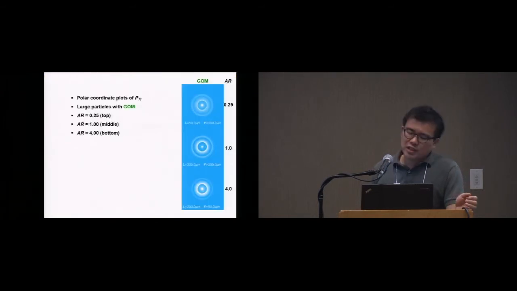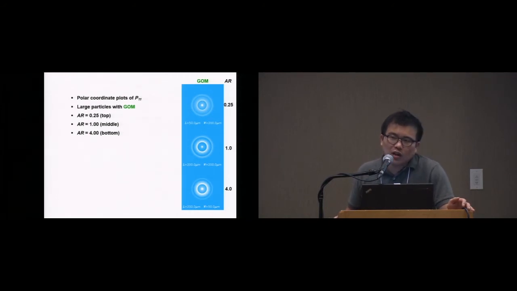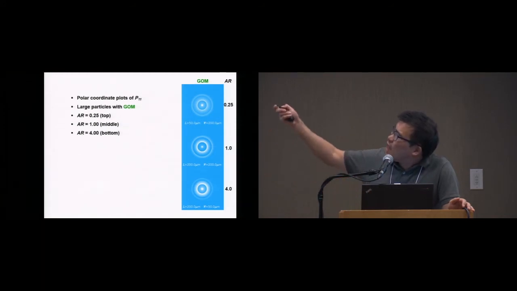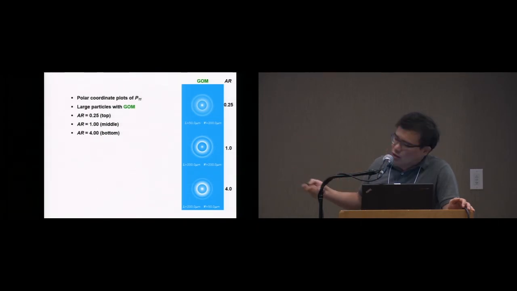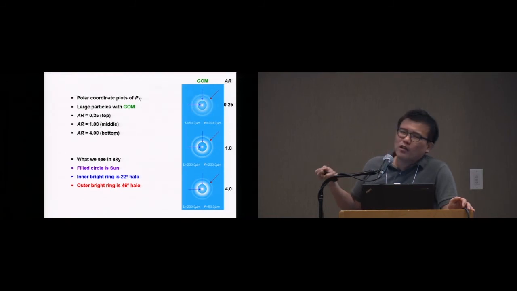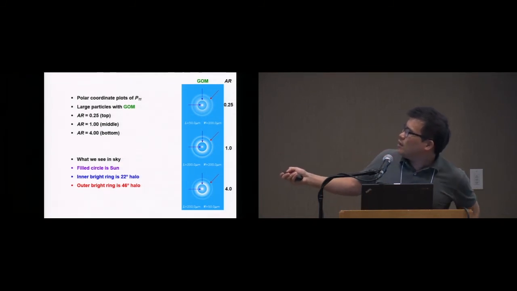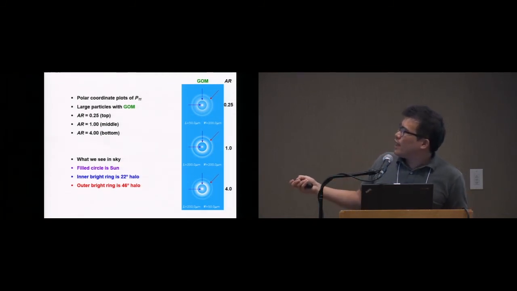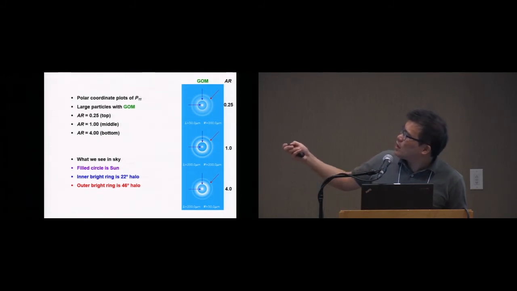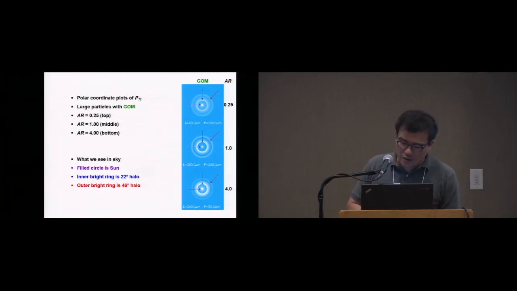Let's put this result on the sky. This is the polar coordinate plot of the scattering phase function. This column shows the large ice crystals simulated with the geometric optics method, with 3 different aspect ratios shown. This is what we see in the sky: the center is the sun, the bright inner ring is the 22 degree halo, and the bright outer ring is the 46 degree halo.